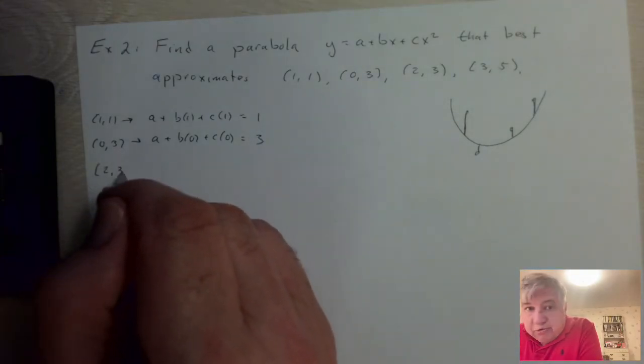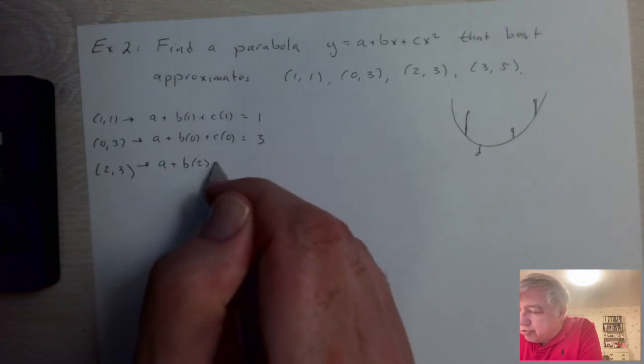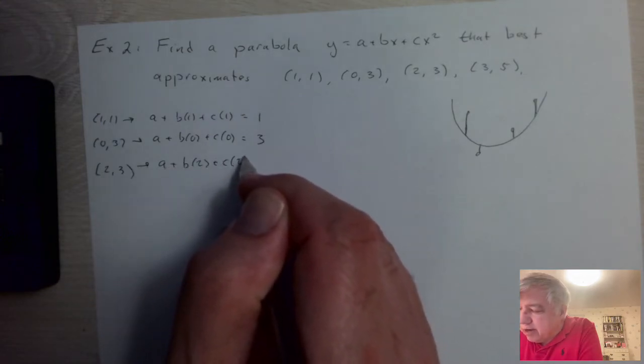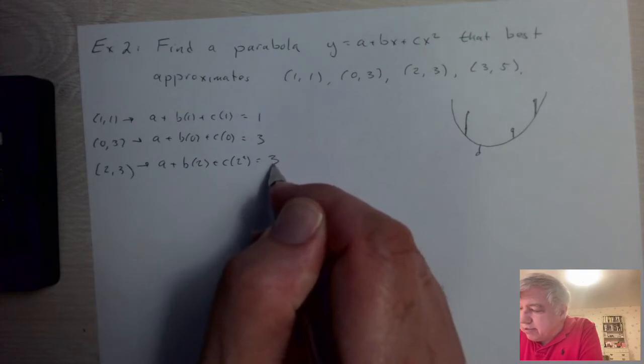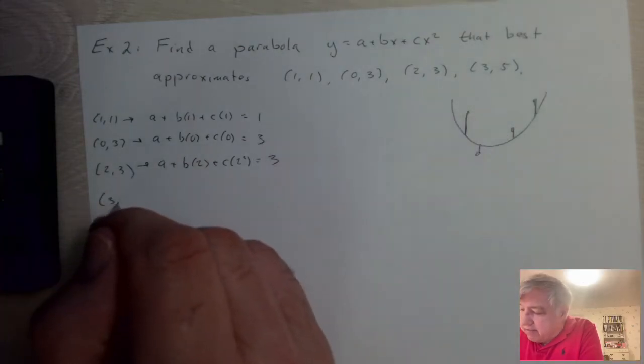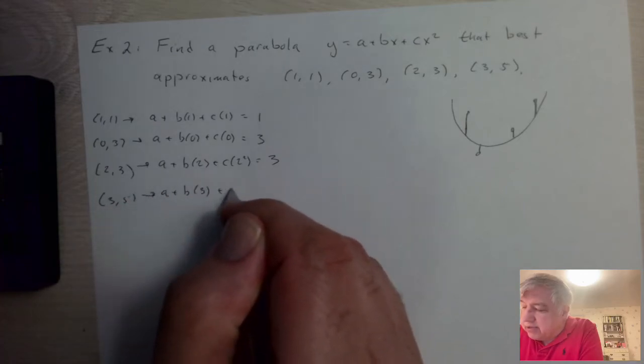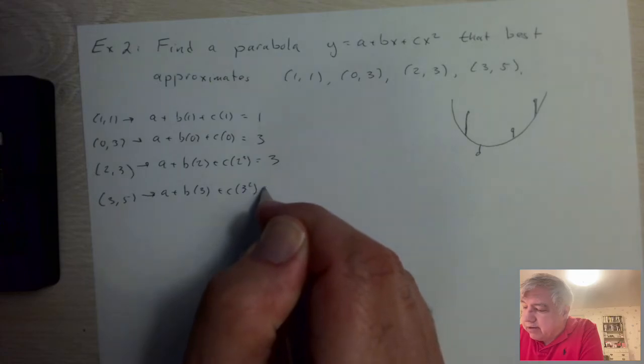The point 2, 3 means that a plus b times 2 plus c times 2 squared is equal to 3. And the point 3, 5 means that a plus b times 3 plus c times 3 squared is equal to 5.